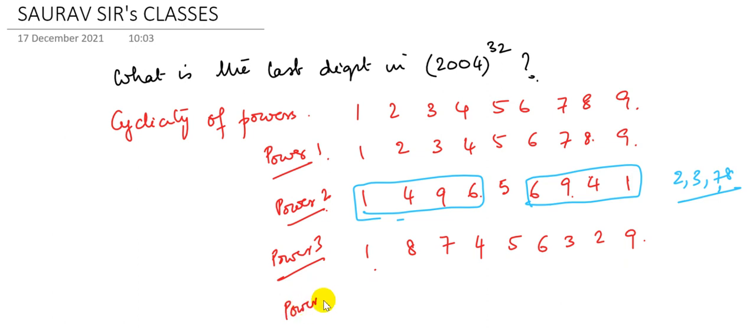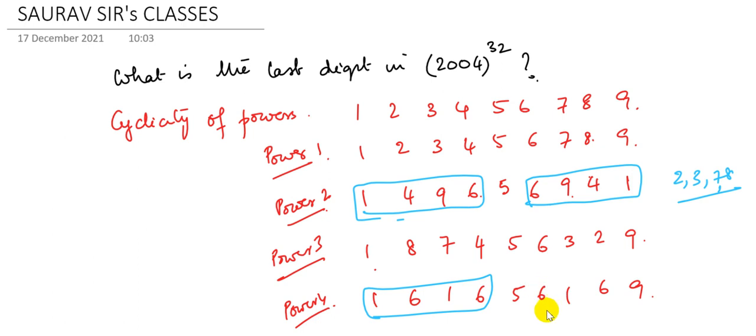Now power 4 will give you 1, 6, 1, 6, and so on, the last digits coming back as 1616 and here also 1616.